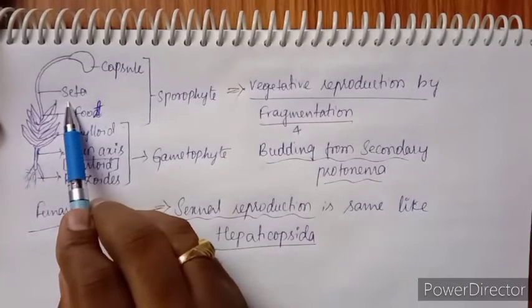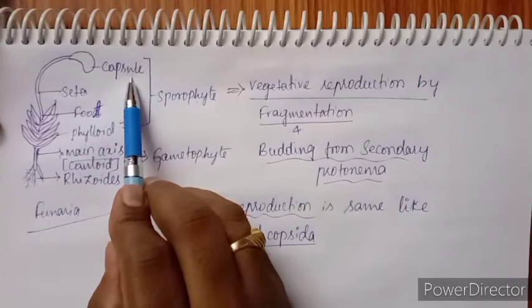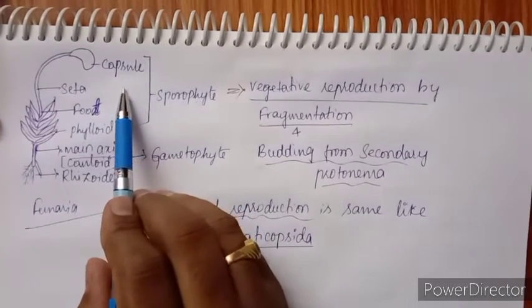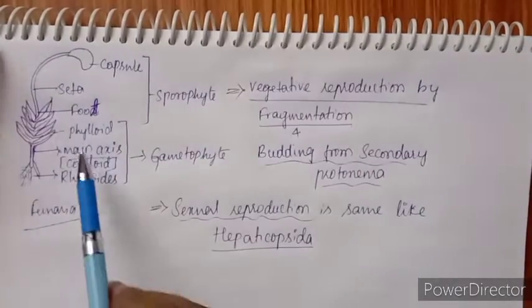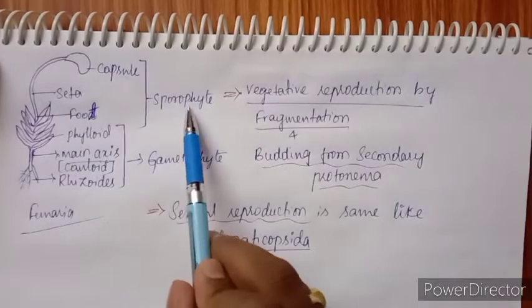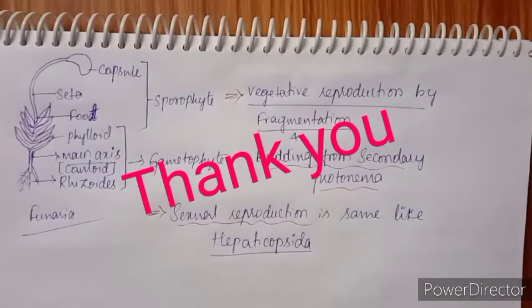Then comes the seta, followed by the capsule. The capsule has spore mother cells that undergo meiosis, producing haploid spores. These haploid spores fall on suitable media and again give rise to the gametophyte. The gametophyte gives rise to the sporophyte and the sporophyte gives rise to the gametophyte. This is called alternation of generation.